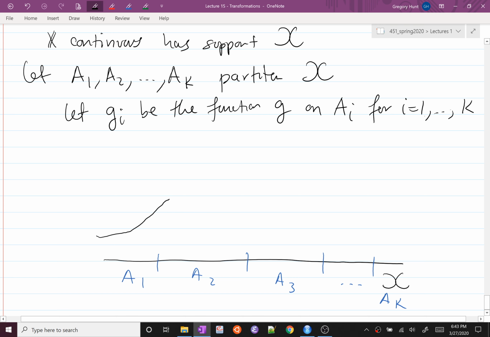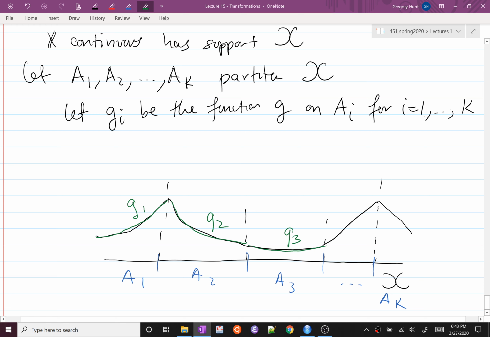It goes like this, maybe like this, and then like that. On each of the chunks it's monotone, either decreasing or increasing. We're going to call this chunk g1, this chunk g2, this chunk g3, etc., this chunk gK.